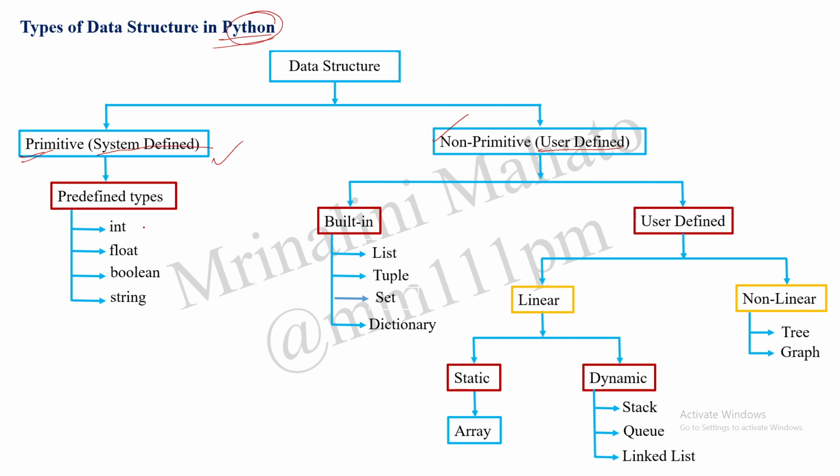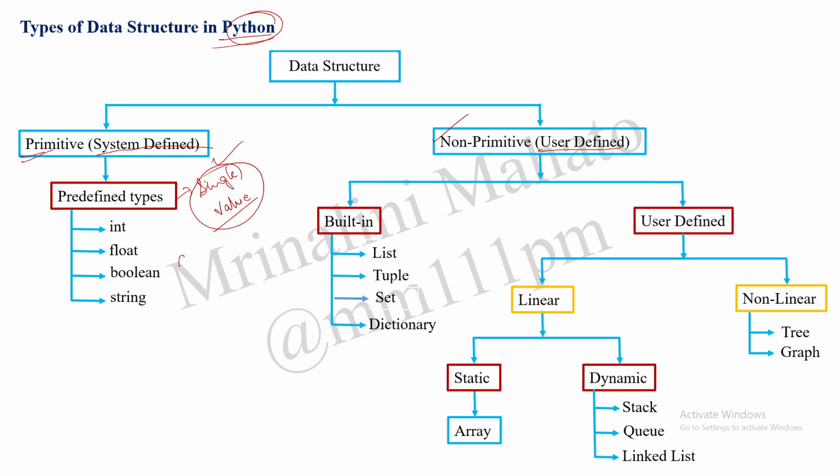Just write it, and the system understands the meaning of that keyword. Predefined types store a single value, because data structure will only store the data for access.